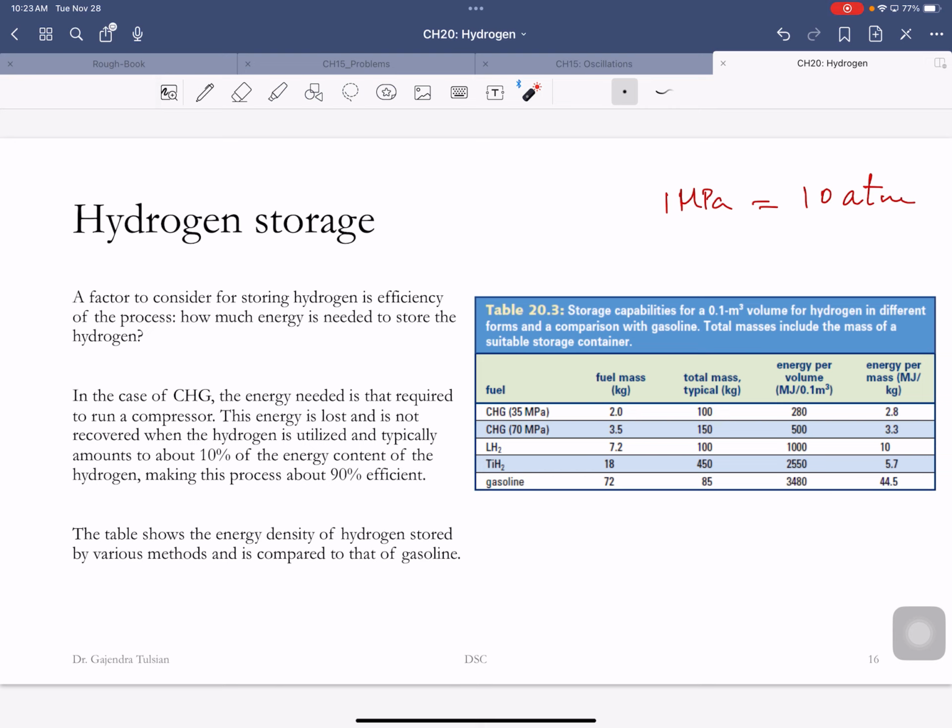You have to refuel more often, but no tailpipe emissions. So if you're willing to do that, and then refilling hydrogen takes a little longer. Not that much longer, but anyway, you can do all of that.